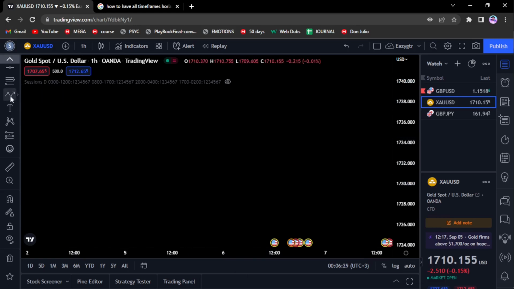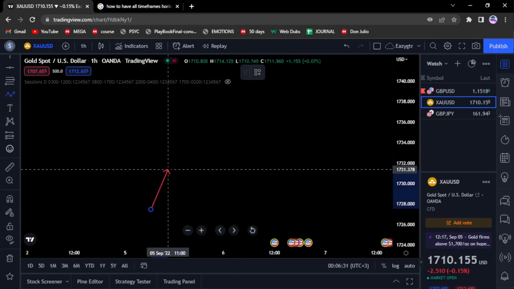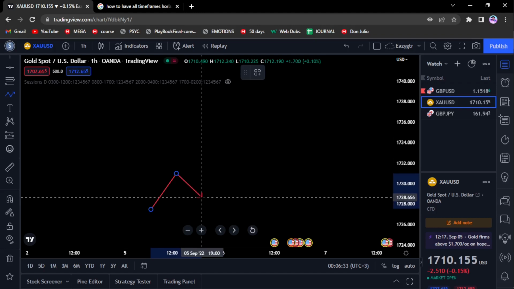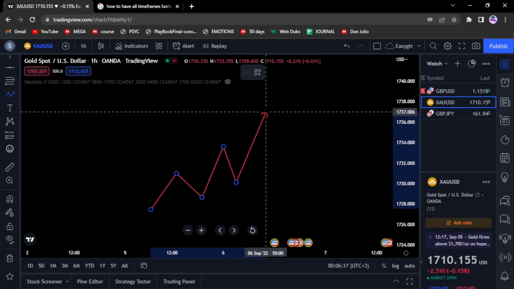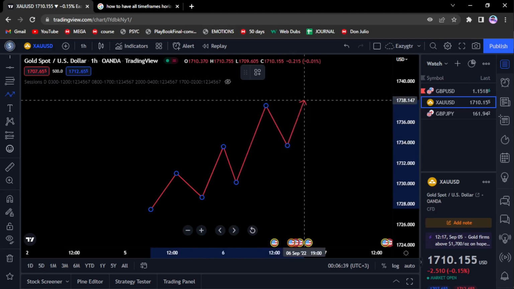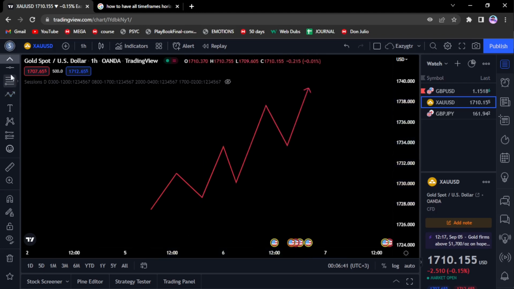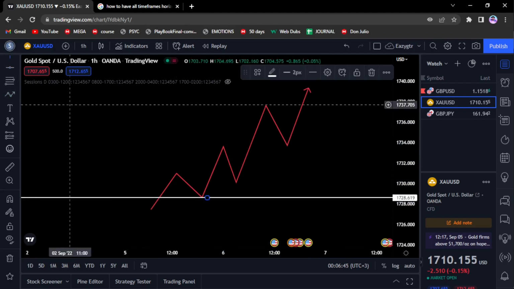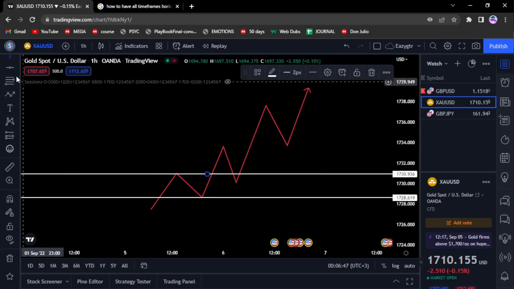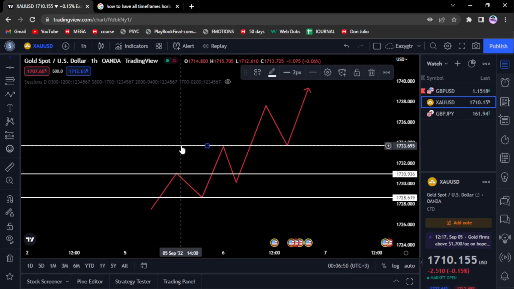So I'll quickly go over bullish market because it's basically the same thing. So let me go over this quick. You want to draw out your zones.